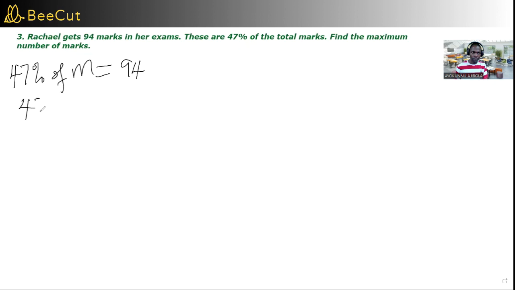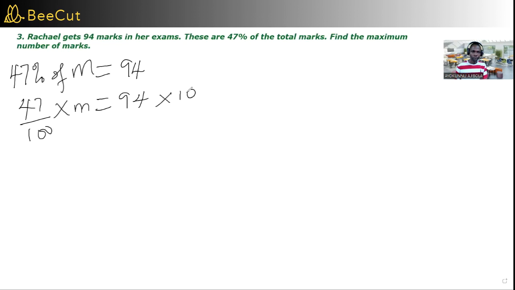That is 47 over 100 times the unknown mark equals 94 marks. So here I can multiply both sides by 100.